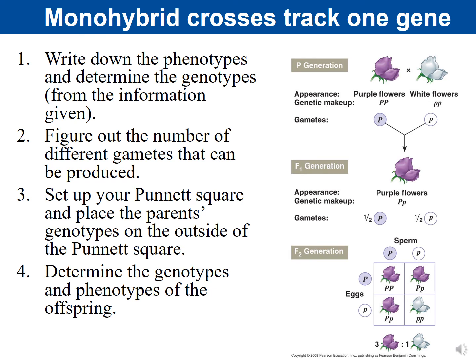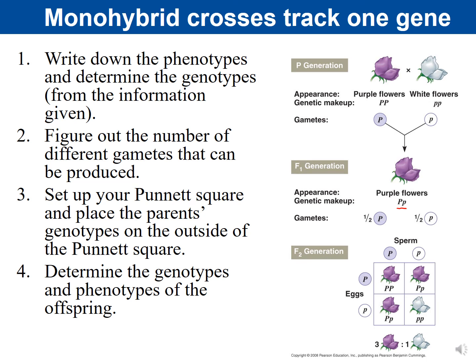So if I cross those two together, the only type of gamete the purple flower plant can produce is big P. The white flower plant, the only possible gamete is little p. So the offspring, what's called F1, filial generation, are always going to be big P, little p. They're heterozygous and they give rise to purple flowers.